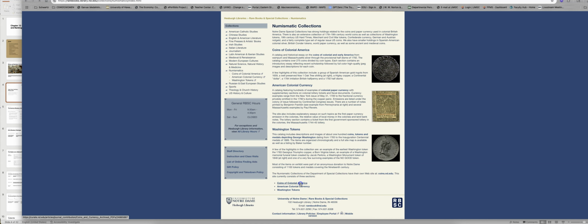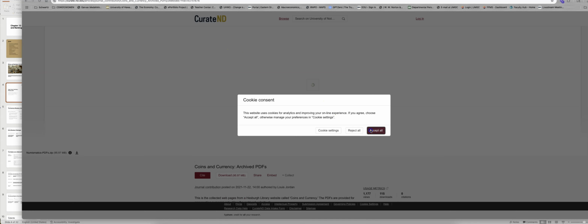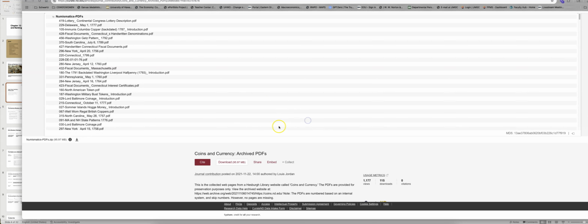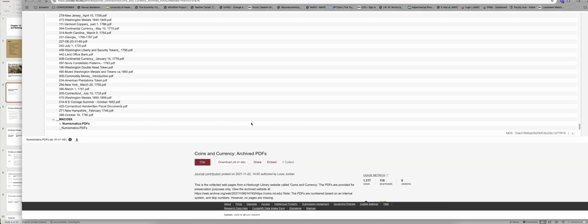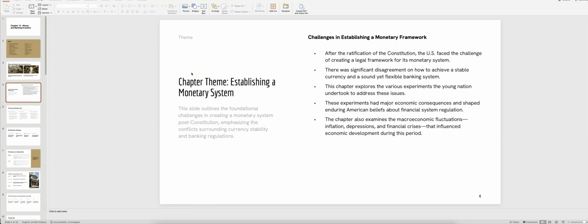I'm not sure if they're going to show any big pictures here. Maybe. Oh, it just tells about the coins they have. It's not showing any pictures. Sorry, that was kind of pointless there.